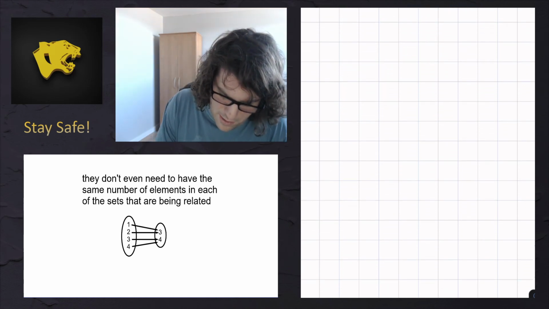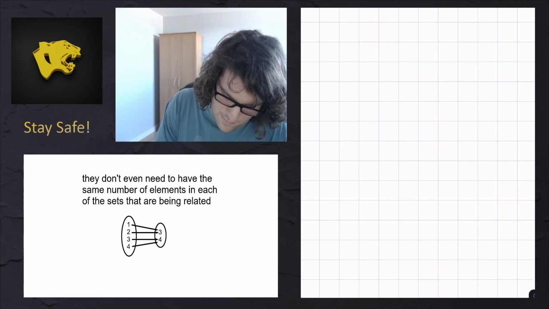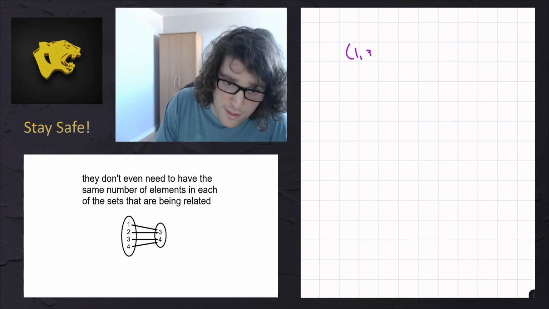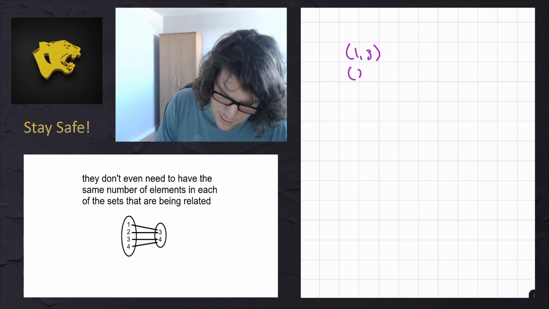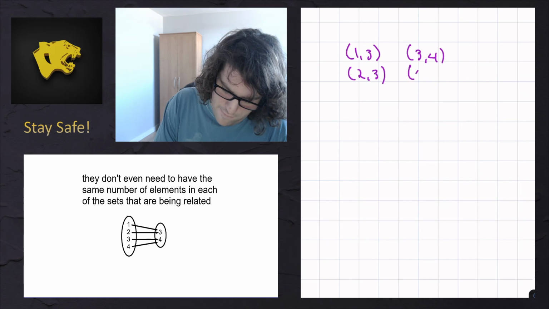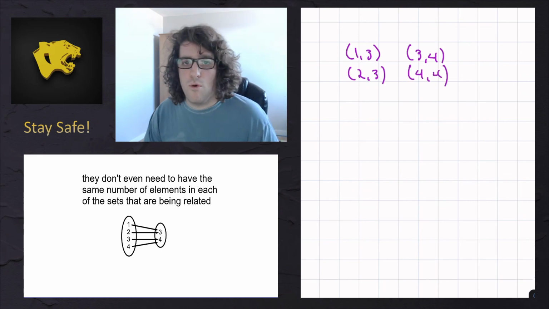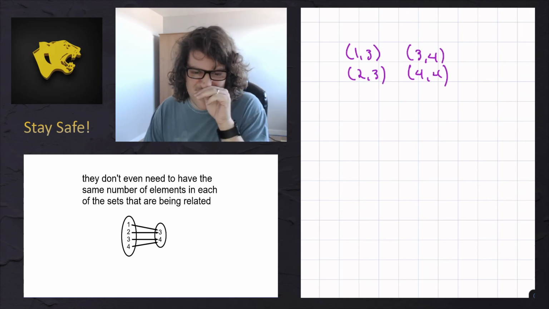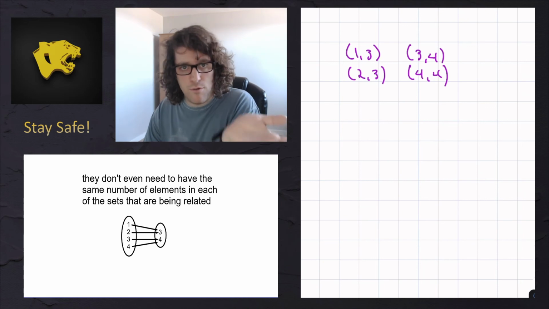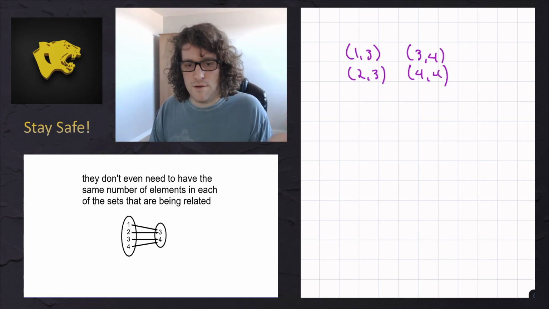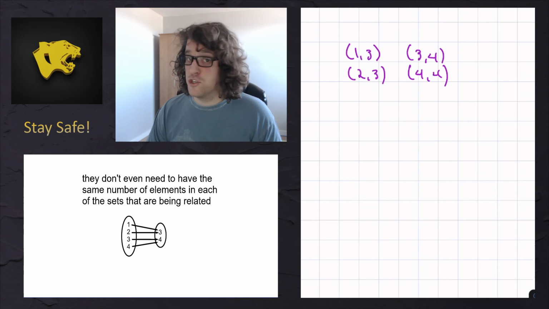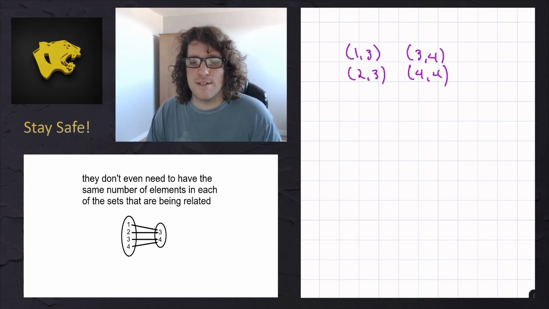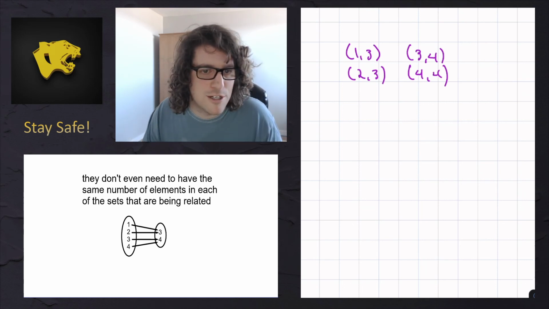My ordered pairs here would be (1, 3), as well as (2, 3), (3, 4), and (4, 4). So those 4 ordered pairs are great. We don't need a list of 4 numbers in either of those sets in order to come up with 4 ordered pairs. We just have 4 arrows, or 4 relationships, between the first set and the second set, the overall thing being called a relation.